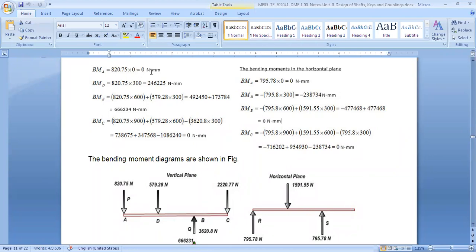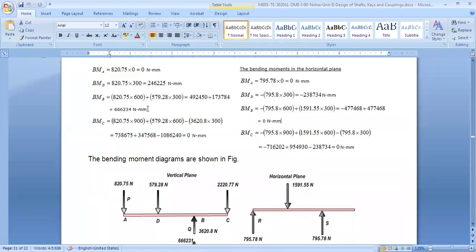Bending moment at A is 0. Bending moment at D: on the left hand side there is only one force, 820 downwards, so 820 multiplied by 300. So you get 246,225 Newton mm. Bending moment at B: there are two forces, 820 multiplied by 600 and, in the same direction, 579 multiplied by 300.